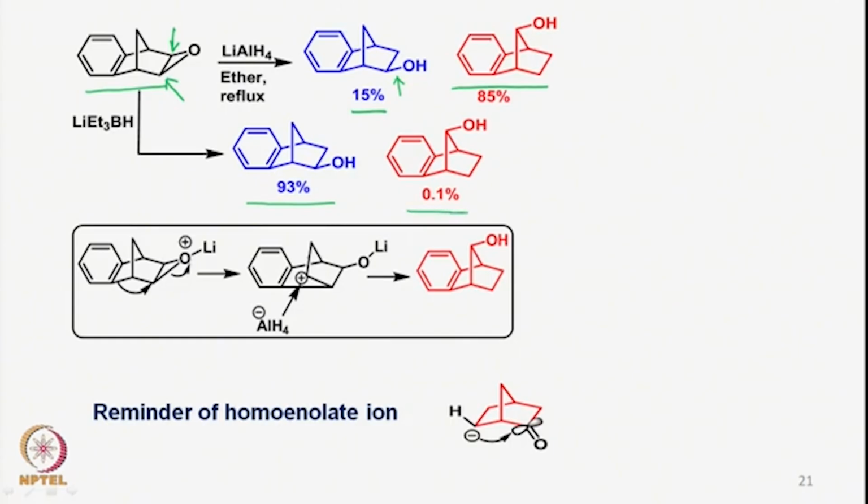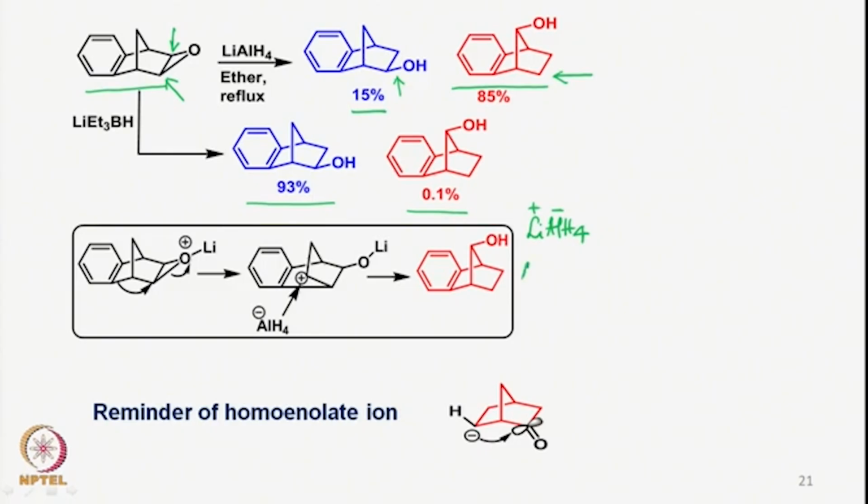Now, how does this strange molecule form, where the hydroxy group is far away from the expected position? What is happening is that in both the cases the lithium plus is available, but in the case of lithium aluminum hydride, because there is no electron releasing group, we have a normal ionic nature of the lithium plus.